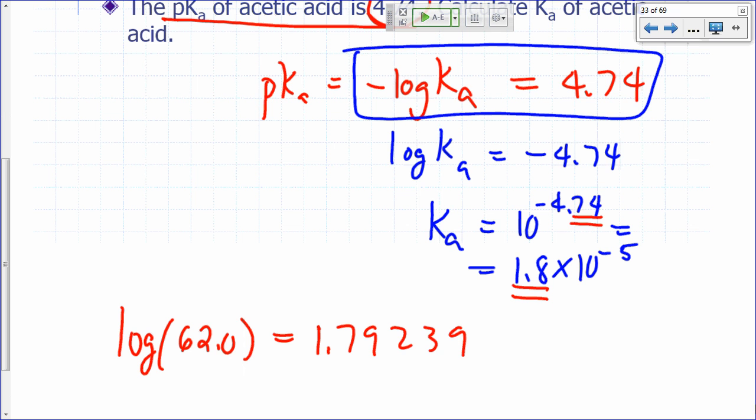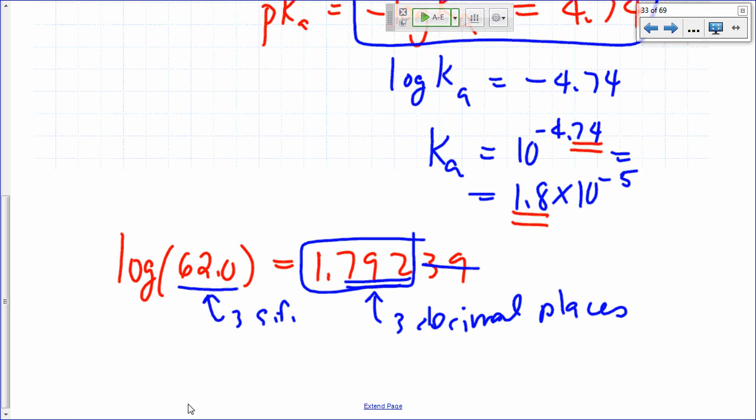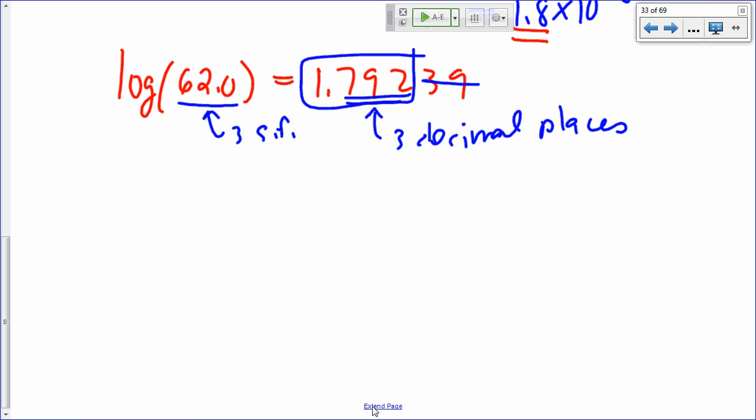Now, how many digits should I keep in my log? This has 3 sig figs, so this has to have 3 decimal places. That's how you'd round it out. Now if I were to ask you what is 10 to the 6.424, how would you do that?